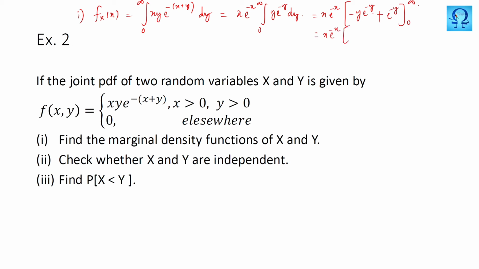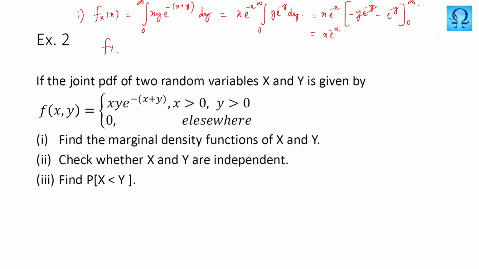If you substitute this here, e to the power minus infinity is 0, here also it is the same, and this 0 makes this 0 and this is 1, isn't it? So what we have is 1. Just a minute, is it 1 or minus 1? Yeah, it is minus 1. No, uv minus integral v du, but v itself is minus, so it is minus. Yeah, so we have x e to the power minus x.